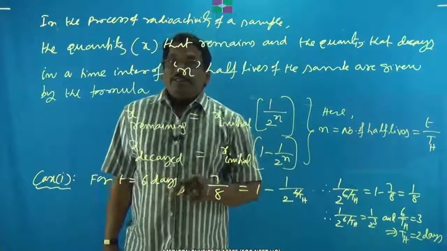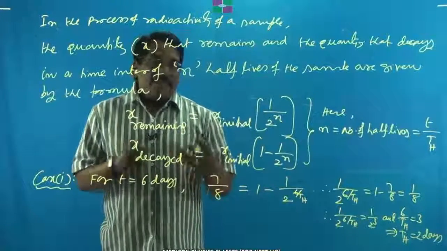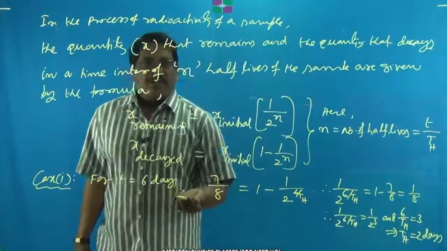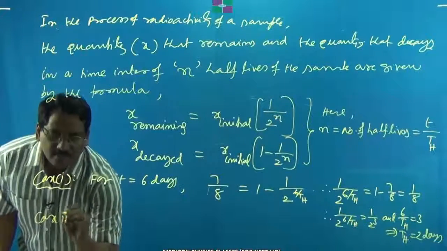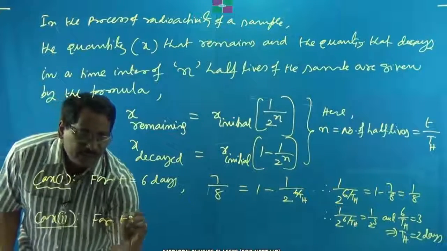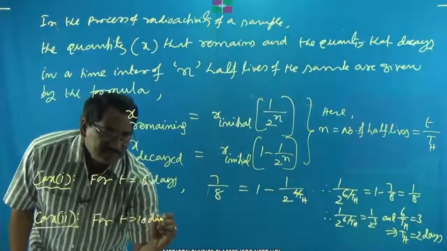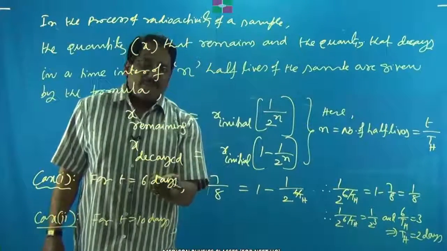Now it is asked for the fraction that decayed in 10 days. That can be done by using case 2, this time for t equal to 10 days. Here X decayed by X initial is asked.